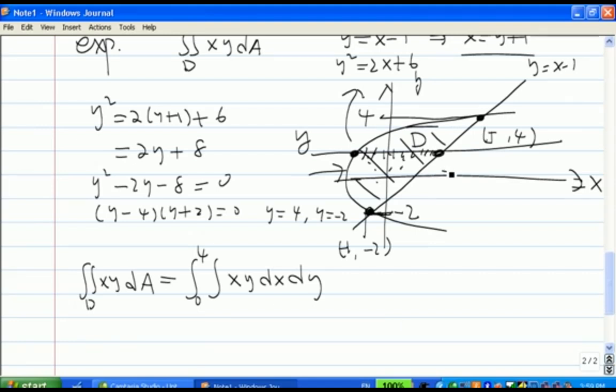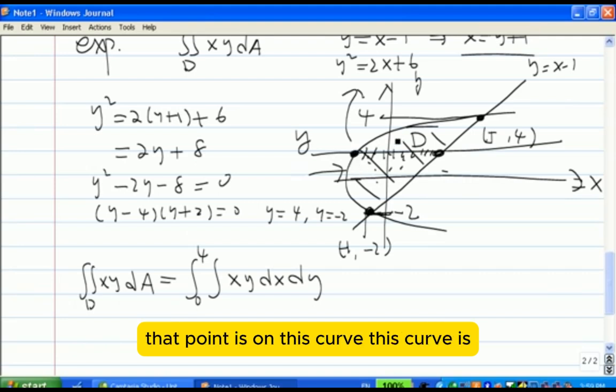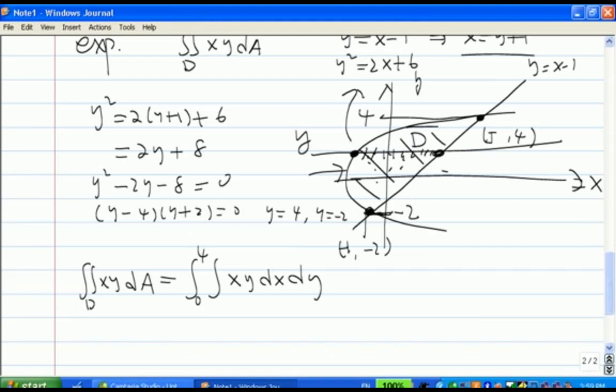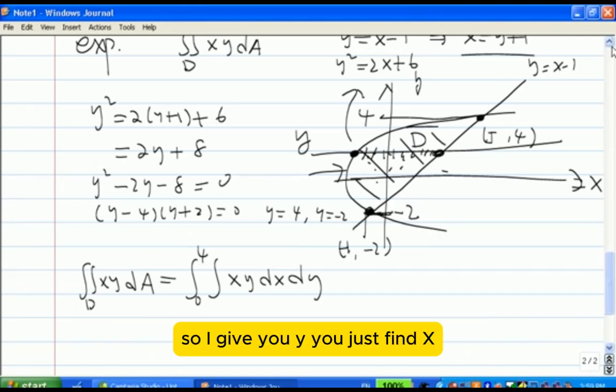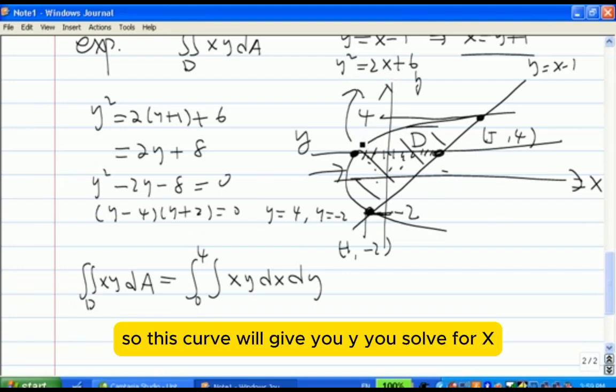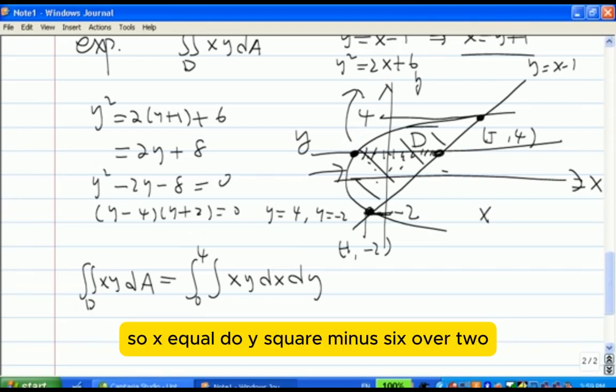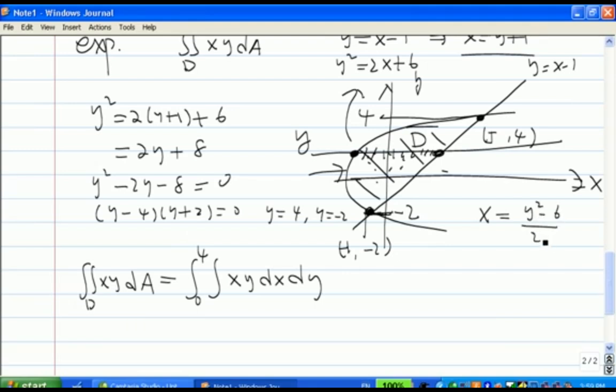So for given y, how do you find that point? That point is on this curve, y squared equals 2x plus 6. So I give you y, you just find x. For given y, you solve for x, so x is equal to (y squared minus 6) over 2.